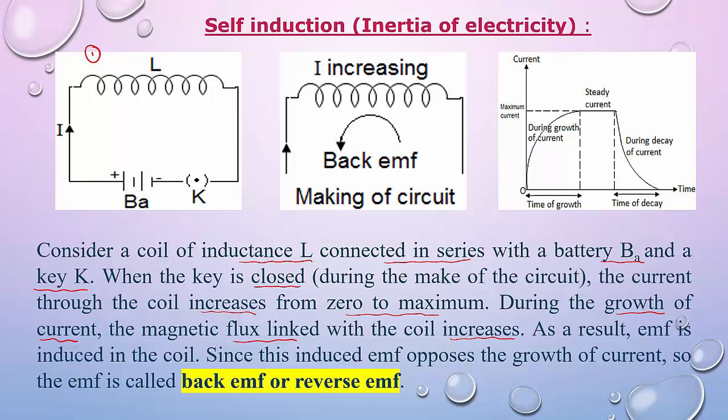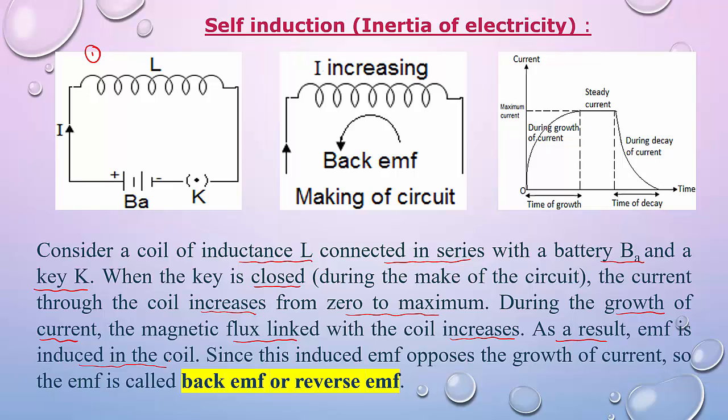When the magnetic flux increases, as a result, EMF is induced in the coil. We already studied this concept in Faraday's law. We know that whenever the magnetic flux linked with a coil changes, induced EMF takes place. Likewise, in this circuit, when the battery is switched on and the plug key is closed, the current increases from 0 to maximum.